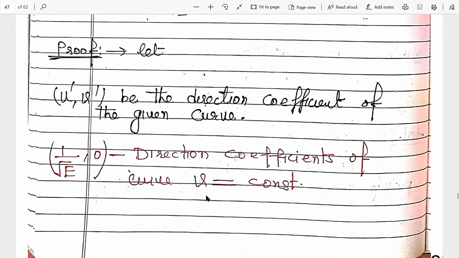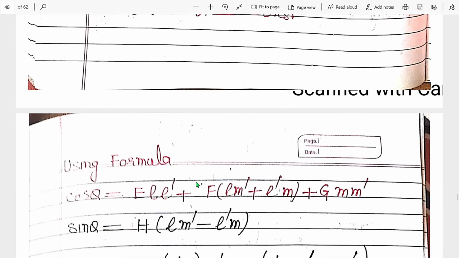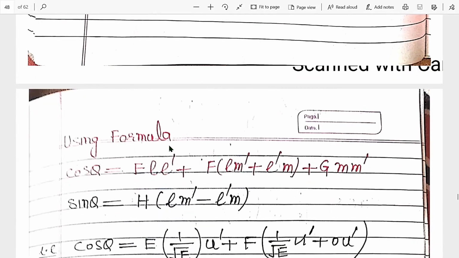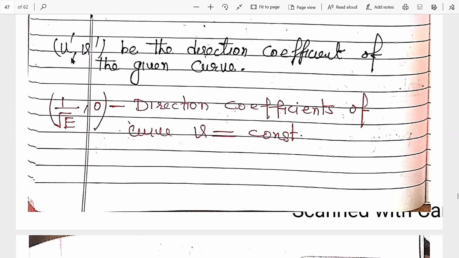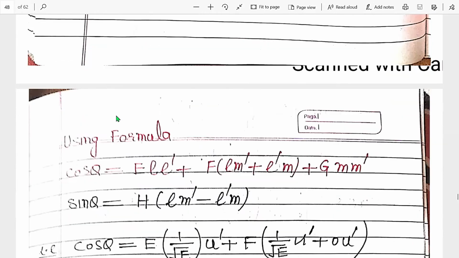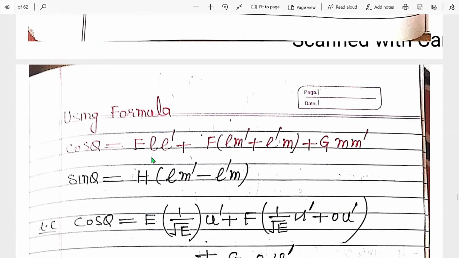Now, using the formula for the angle between these two directions, cos theta equals E l l dash plus F (l m dash plus l dash m) plus G m m dash.